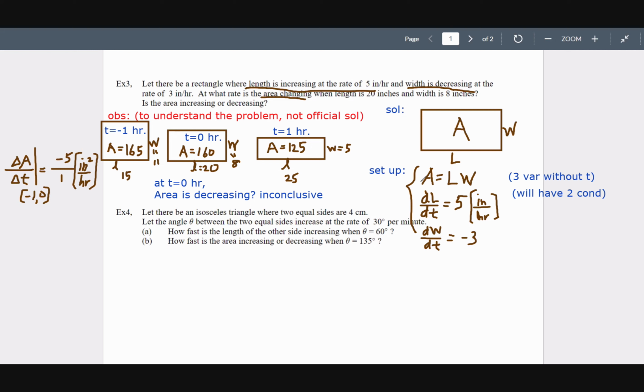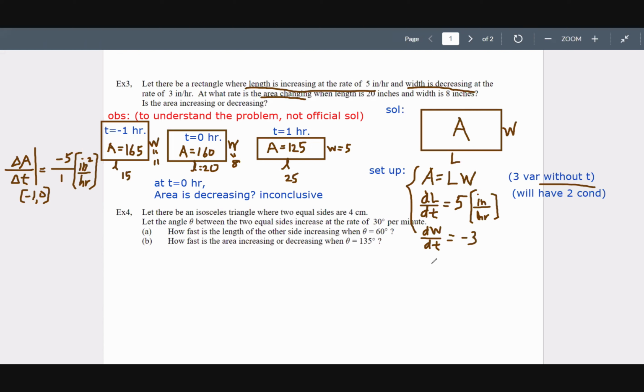By looking at the equation and counting how many variables we have without t, the number of conditions will always be one fewer than the number of variables. If you have 3 variables, you need 2 conditions. 2 variables, you need 1 condition, and so on. If you have 4 variables, you need 3 conditions. That is, if you have a setup with no t.